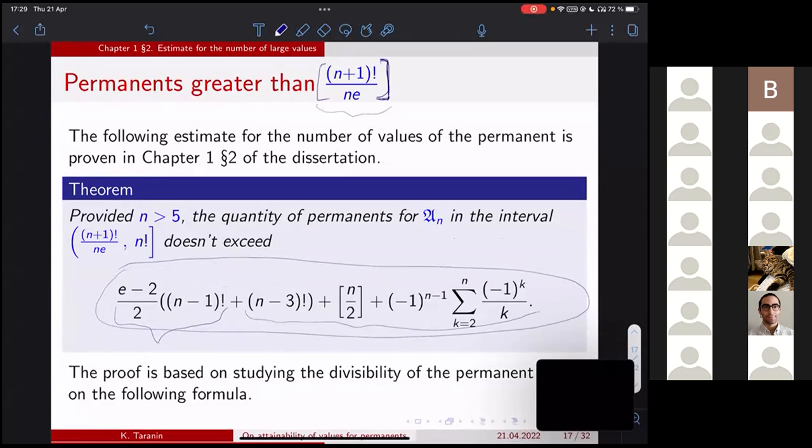The density of the permanents increases very much as we go from n factorial to smaller values, and perhaps it will be something greater than a power of anything. So it's a good question for research.